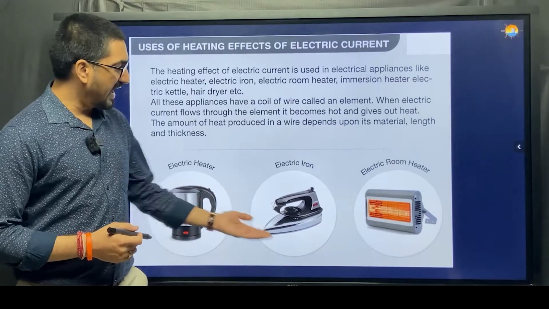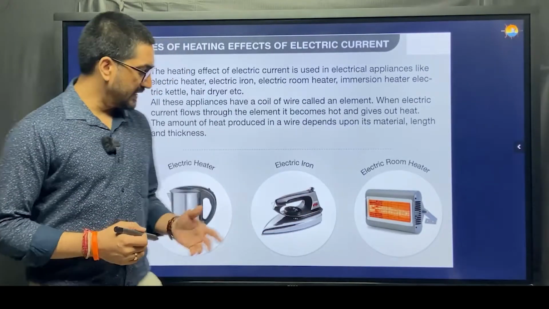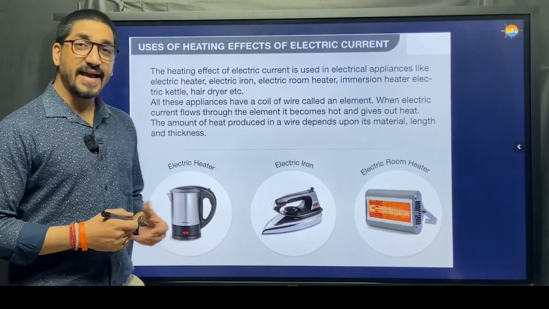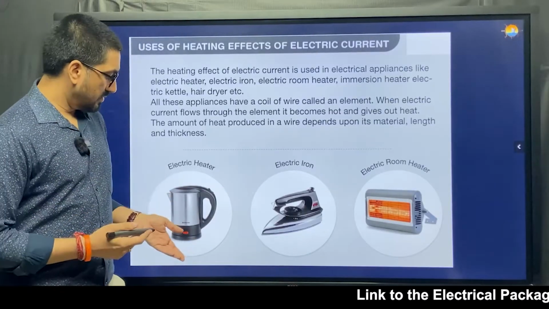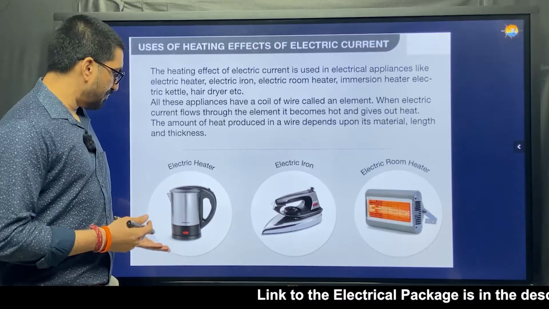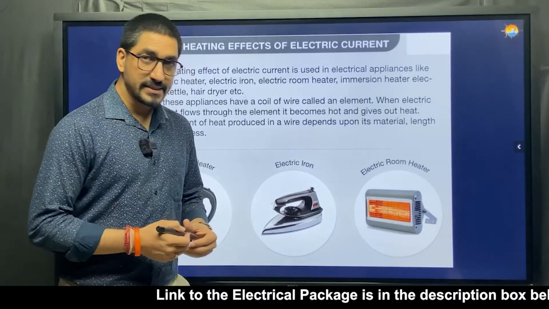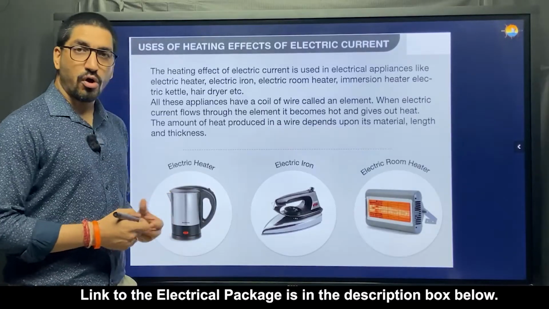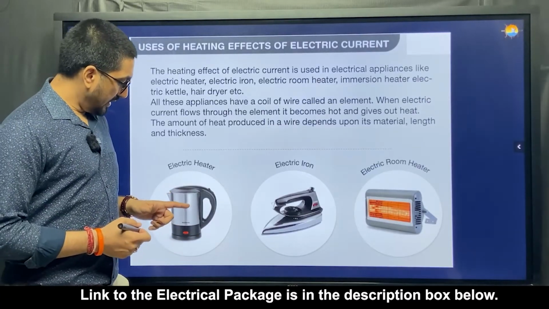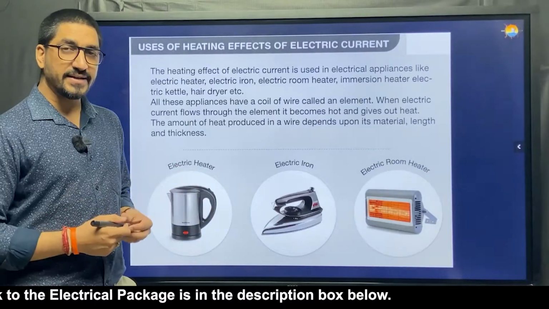So what basically they have got a filament inside, or you can say element, which is nothing but a resistor or a resistance, and we are passing electricity through that resistance, and because of the current that is being drawn we are getting heating effect. So heat is being dissipated, right?